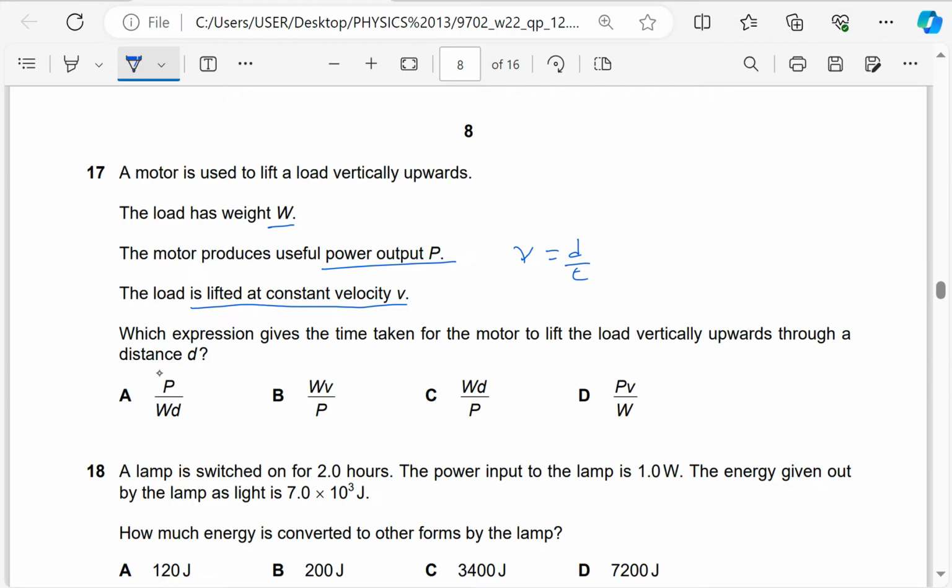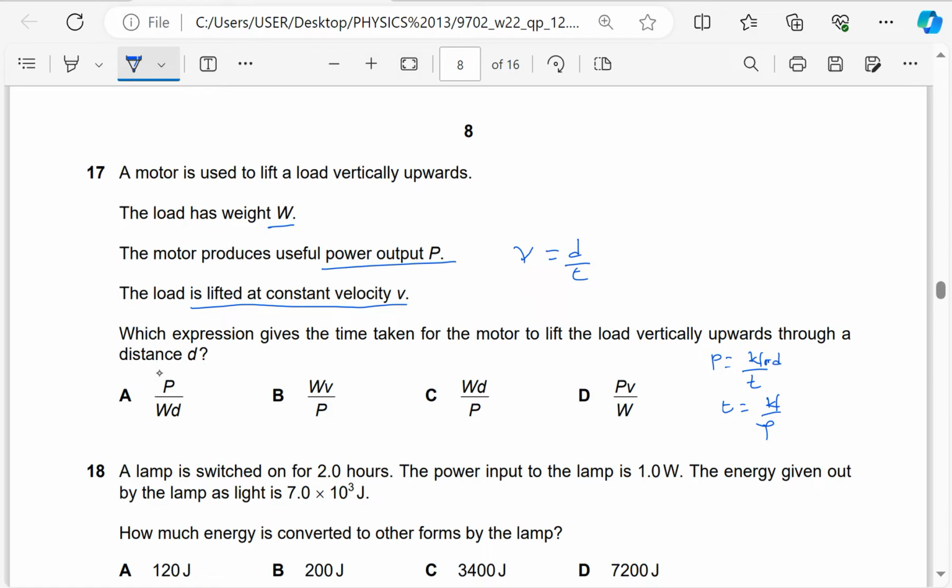Okay. So first of all, we know that the output power P is equal to the work done divided by time taken. That is the output power. So which means the time we are talking about here is going to be the work done divided by the power. So this is work done.